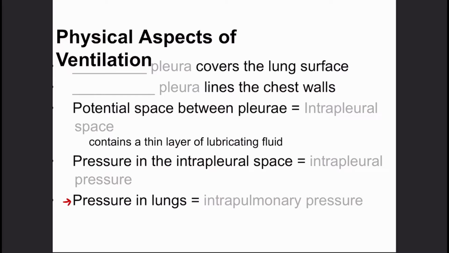Oftentimes it's negative pressure, but pressure in the lungs is called intrapulmonary pressure. And then pressure in the intrapleural space is called intrapleural pressure. And this is going to impact breathing mechanics.